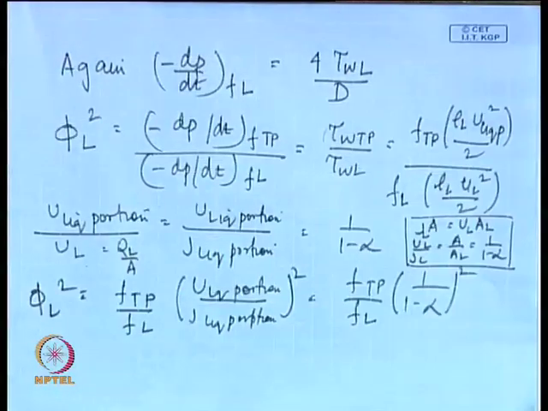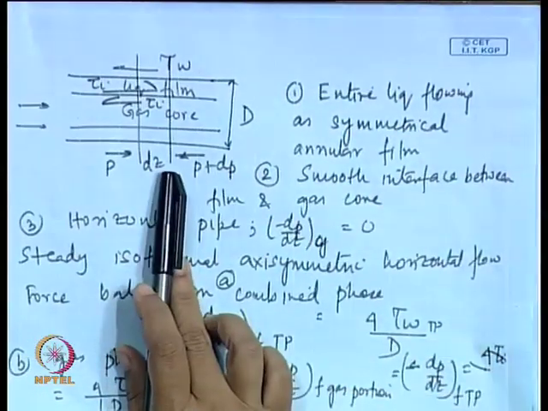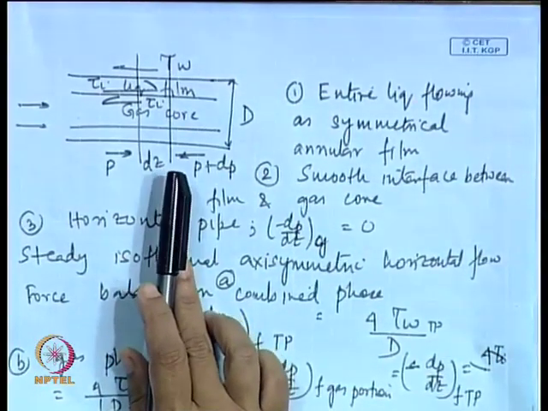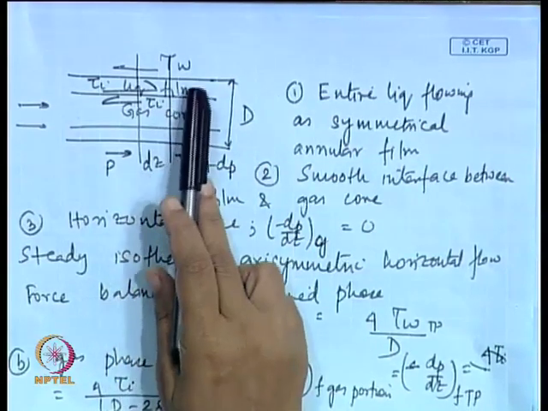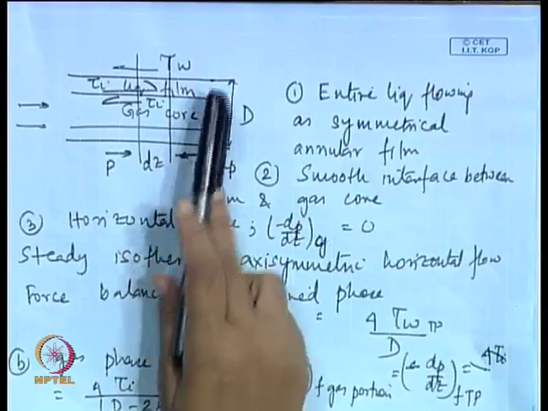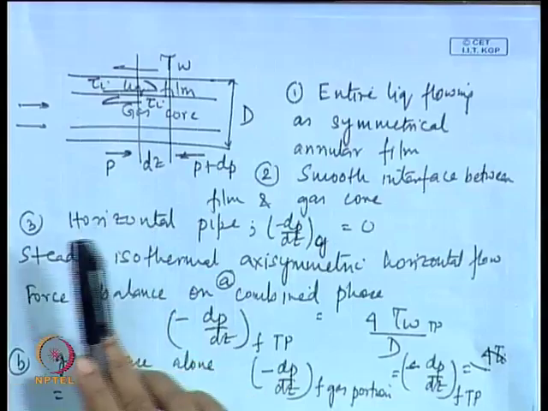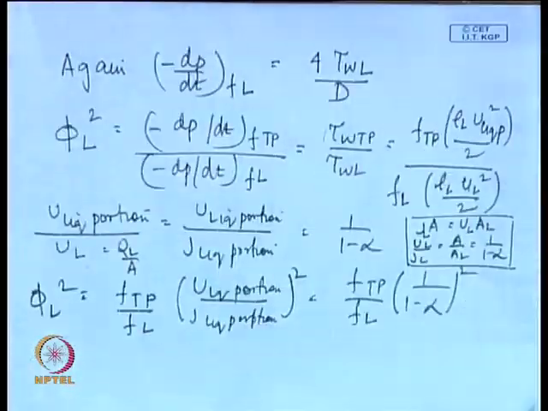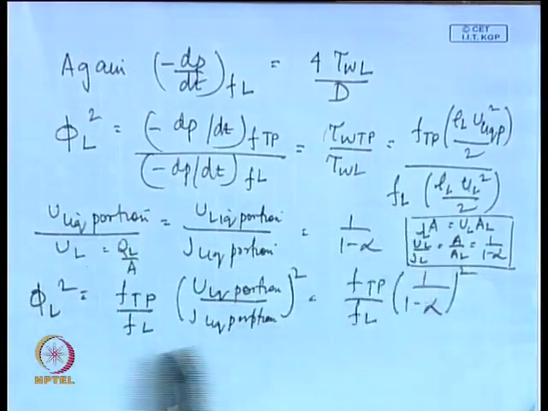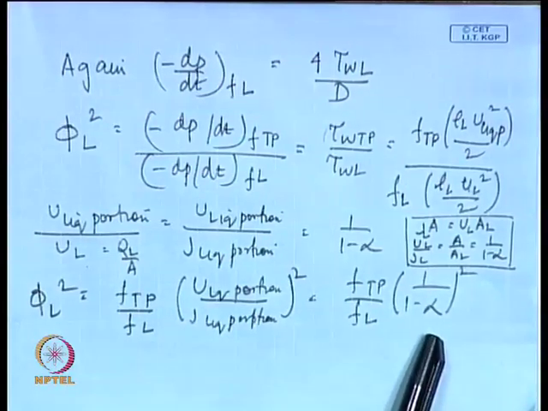Now, I wanted to take up the actual flow situation and find phi L square from there. For finding phi L square, what do I need? I need the frictional pressure gradient in the liquid portion, or in the gas portion, or in the two phase mixture, divided by the frictional pressure gradient when that particular liquid flows alone in the pipe. So from this entire derivation I obtained phi L square to be F TP by F L into 1 by 1 minus alpha whole square.